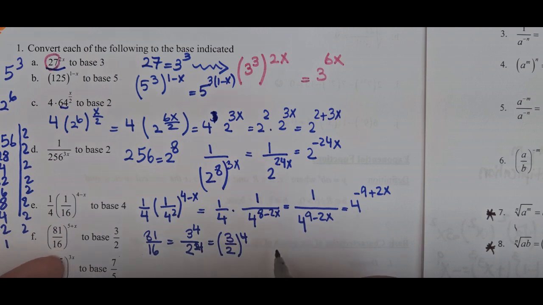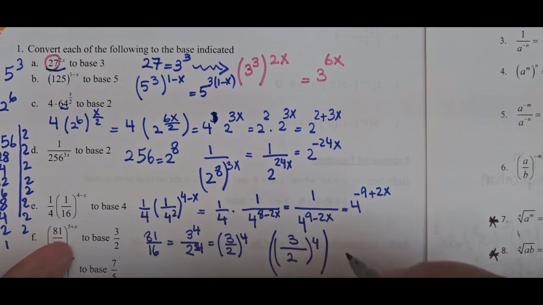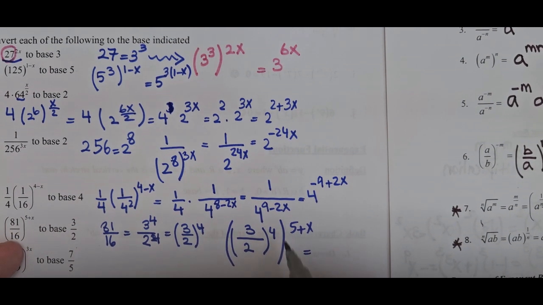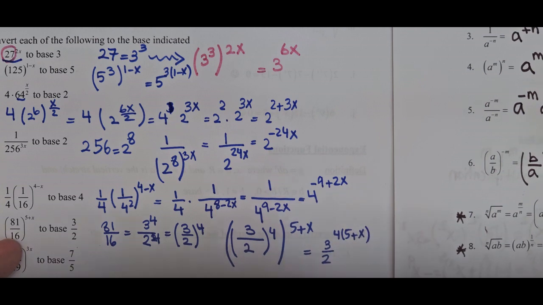So here, basically, what I'll do, I'll just write it 3 to the power 3 over 2 to the power 4, and then I have 5 plus x sitting outside. So if I want to simplify it, again, rule number 4, these two will be multiplied. I can either write it like this or this. It's up to you guys.